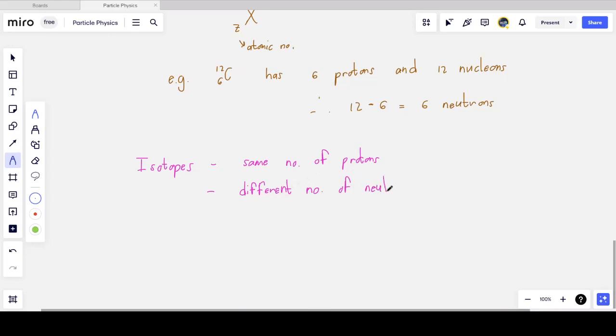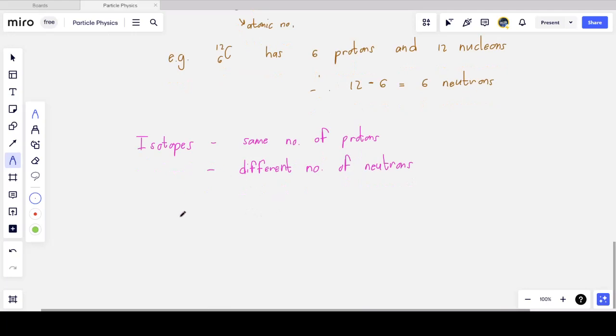Let's look at an example of an isotope. Going back to the previous example of carbon-12, ¹²₆C has 6 protons, as we said, and 6 neutrons as well. There's another isotope of carbon, which we use sometimes for carbon dating, radioactive dating: carbon-13.